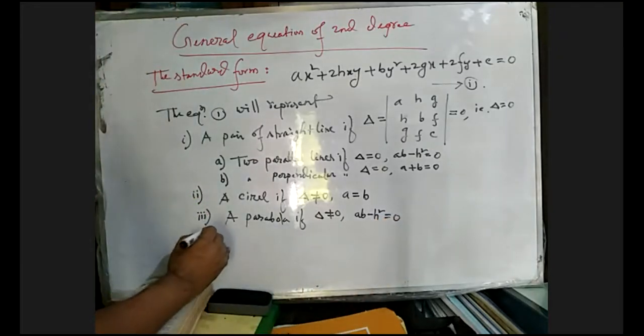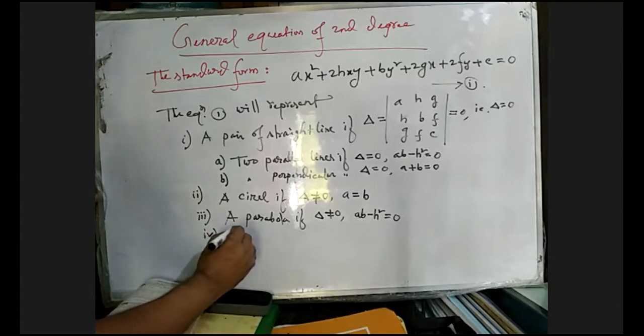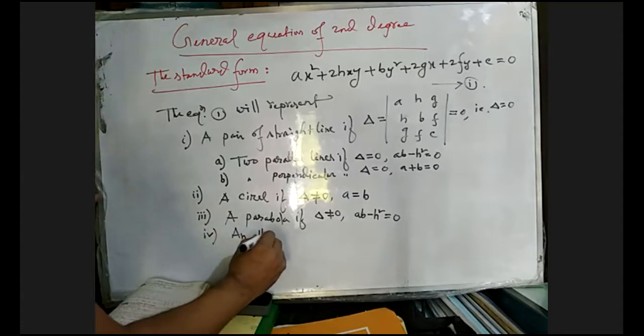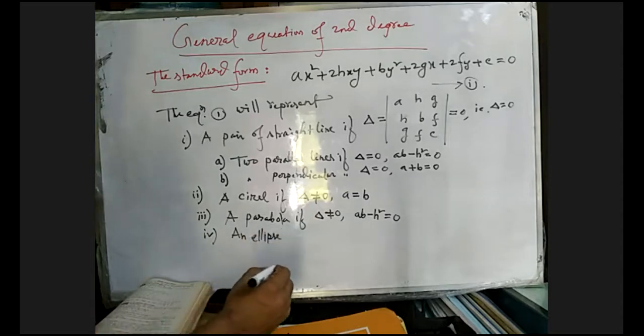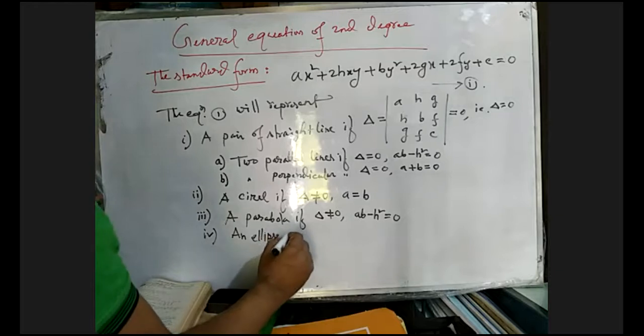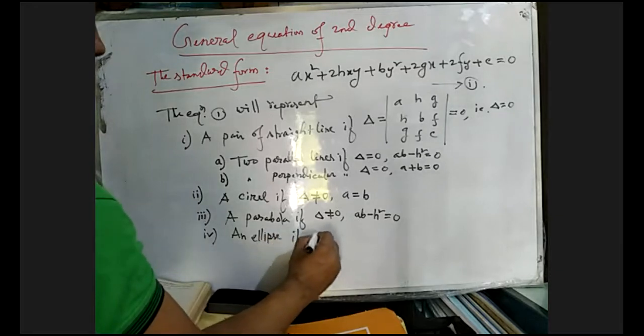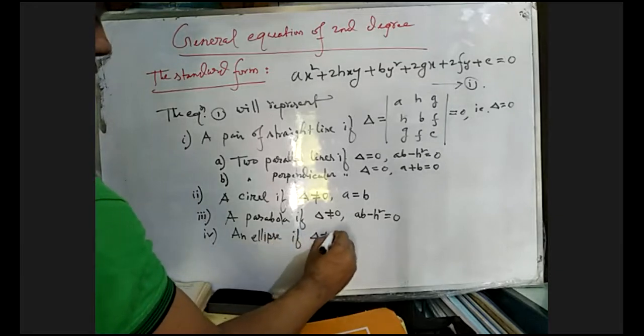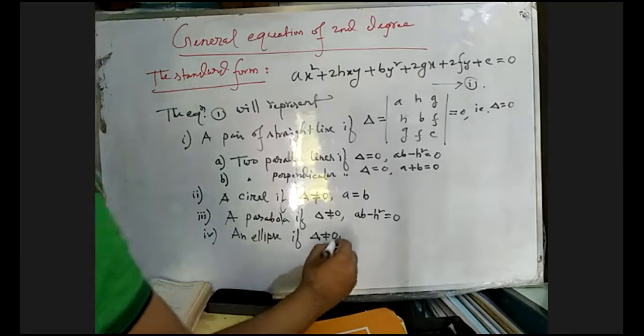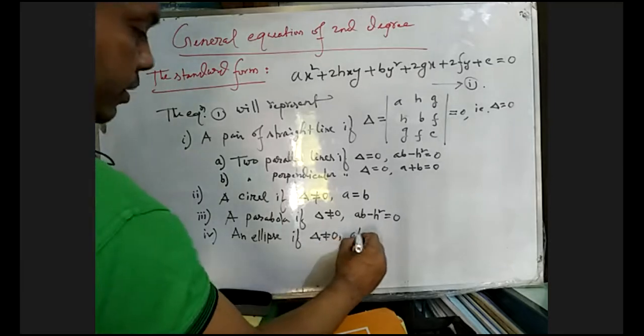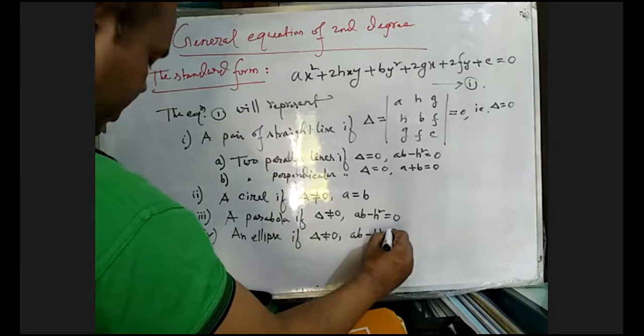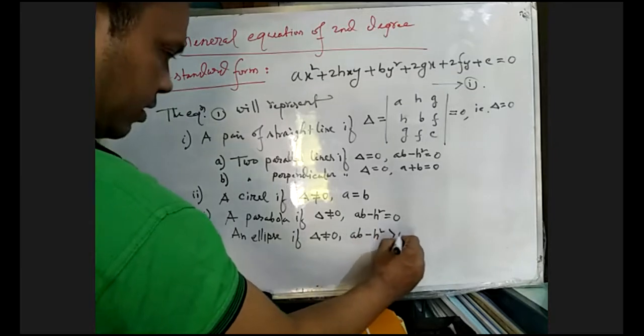Now another one, an ellipse, if this determinant is not equal to 0 but the discriminant is greater than 0.